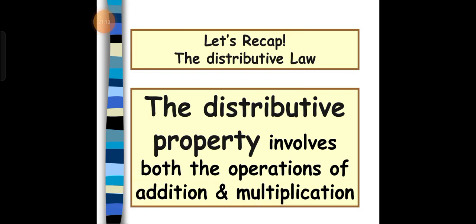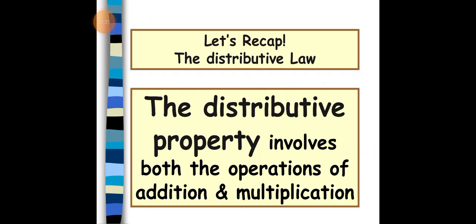Okay, now let's recap the distributive law. The distributive property involves both the operations of addition and multiplication, as well as subtraction. It's very important for you to know this.